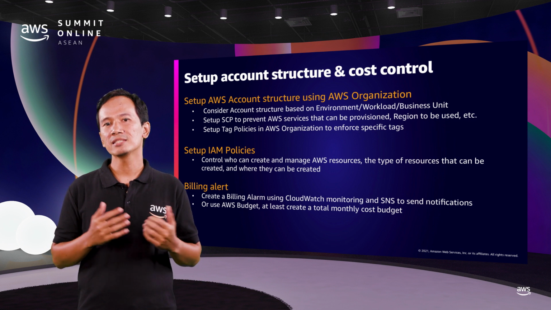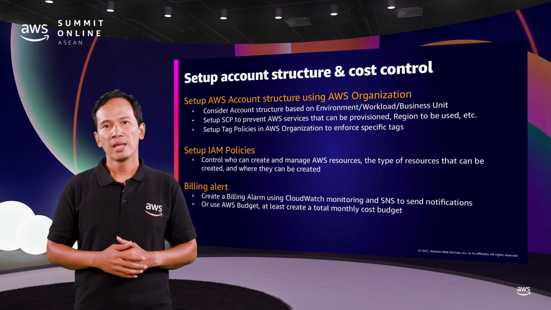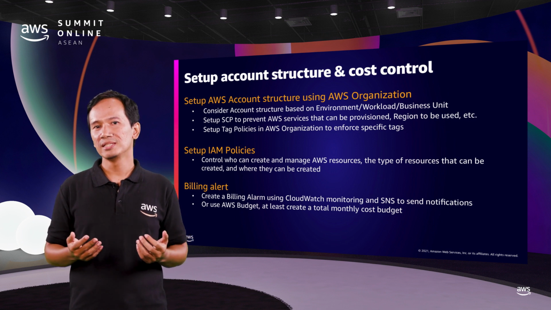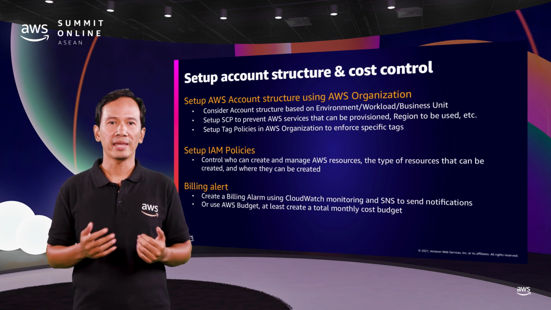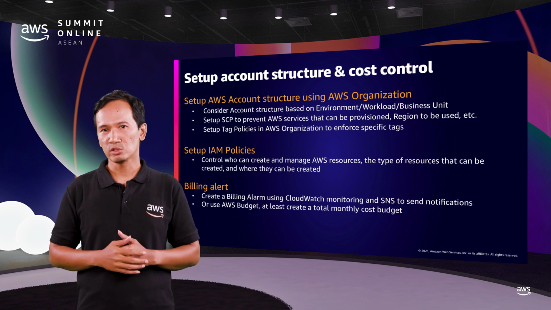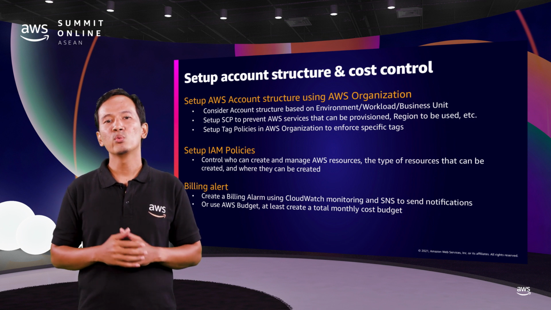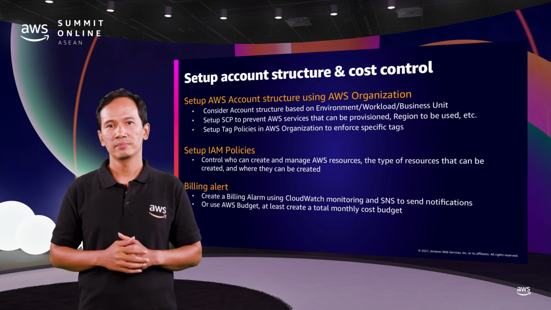Then perform analysis on tagged resources using cost monitoring tools. Next, using AWS Identity and Access Management, or IAM, you can control who can create and manage AWS resources, the type of resources that can be created, and where they can be created.